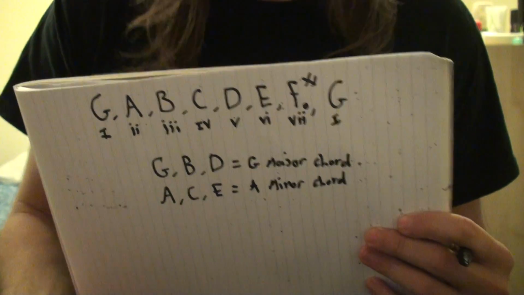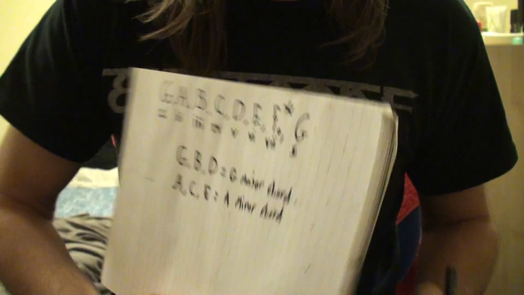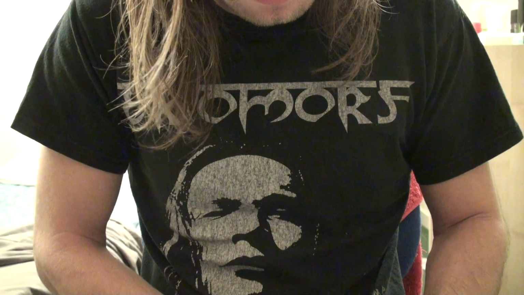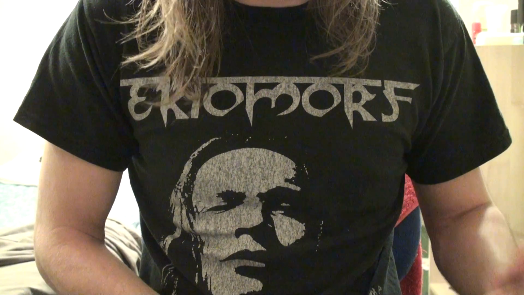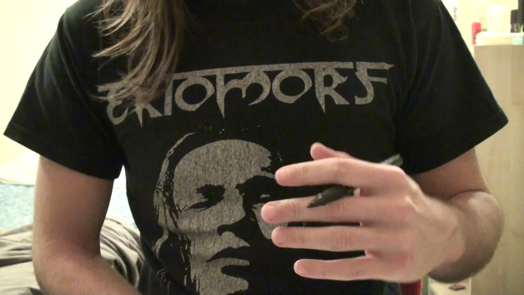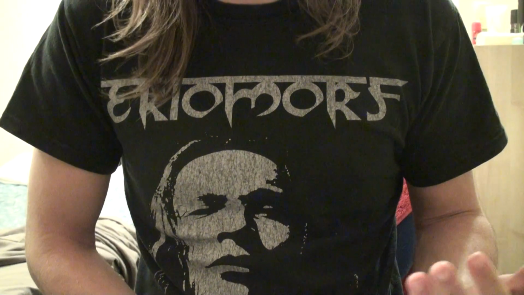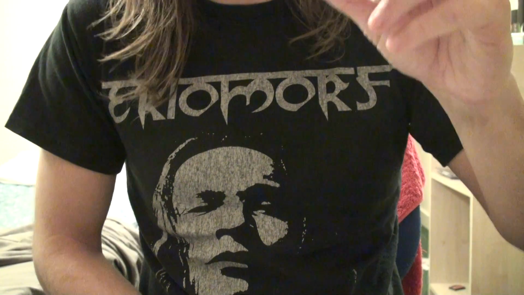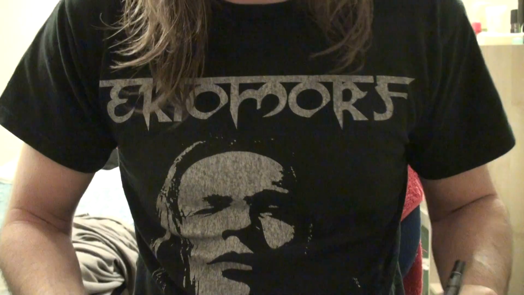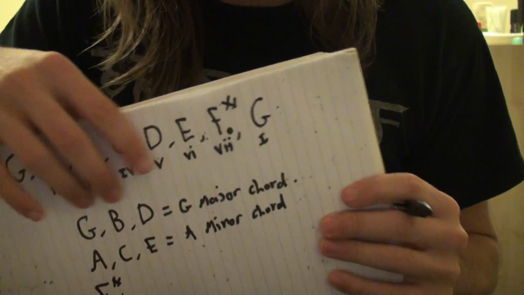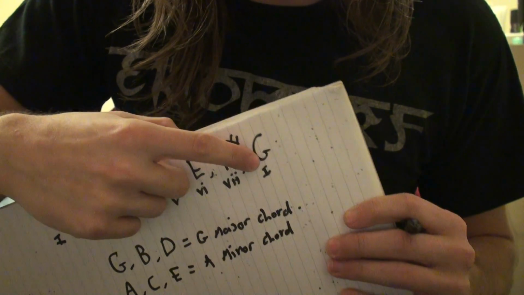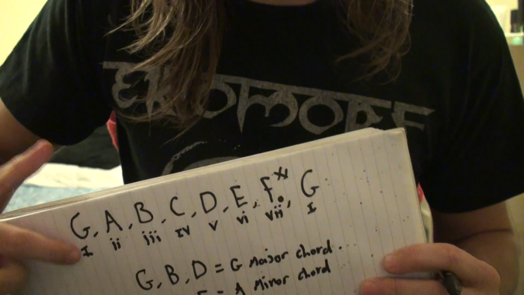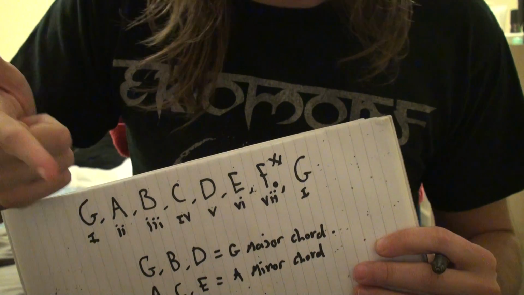Now I'll just work out the diminished one for you, and this chord happens to be a sharp note, which is pretty cool. So we have F sharp. Like I say, the chord spelling for a diminished chord is 1.5, 1.5: first, flattened third, flattened fifth. From the F sharp to the G, that is 1 note. From G to A, there's 2 notes, G and G sharp.